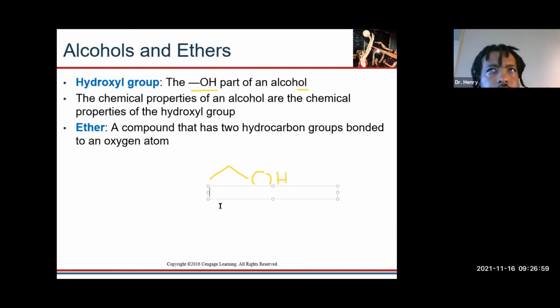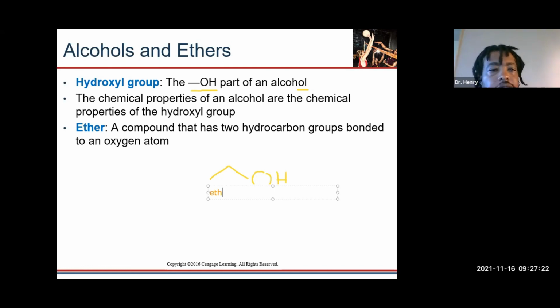What is the prefix for a 2-carbon chain? Okay, a 2-carbon chain is eth, right?